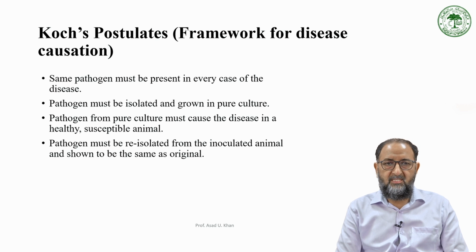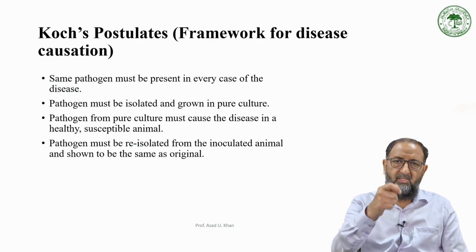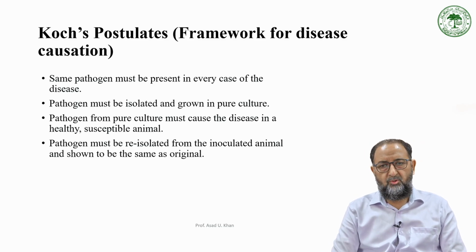They are defined as follows. The same pathogen must be present in every case of the disease. So for a specific disease, a specific pathogen is responsible in a host. The pathogen must be isolated from the host and grown in pure culture. So from the disease site you can isolate the pathogen and grow it.